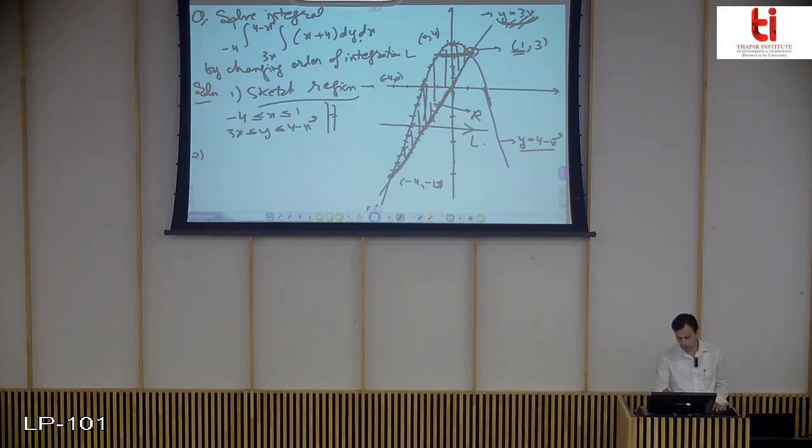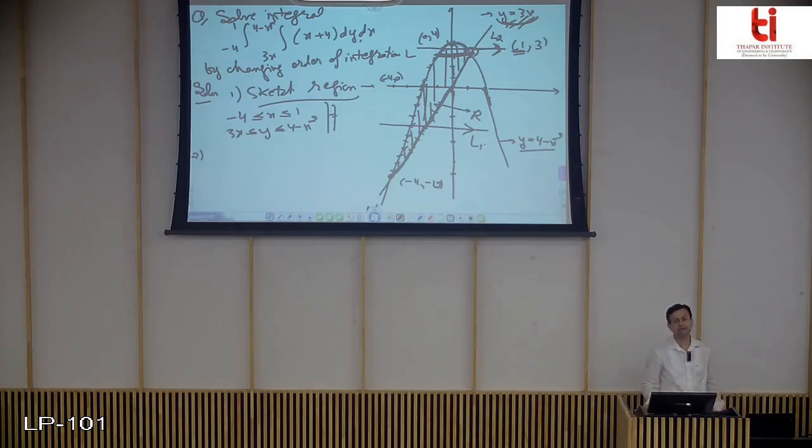However, if you go above this boundary, say that I have drawn here, say this is your L2, this is L1, you will see it is entering in the y equals 4 minus x square curve and leaving at the same curve.